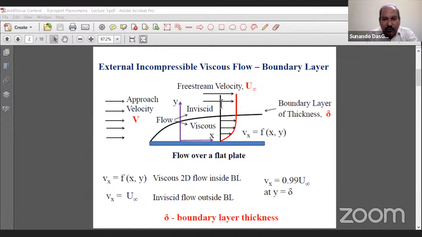It does not vary with y for any type of surface, but for a flat plate, it's not going to be a function of x as well, and it's called the free stream velocity. The free stream denotes that it's free of any viscous effects which are apparent near the surface.